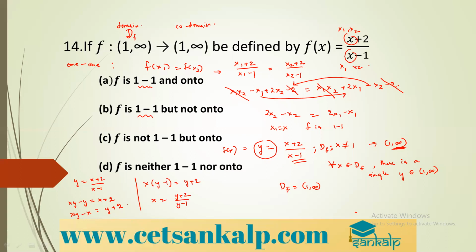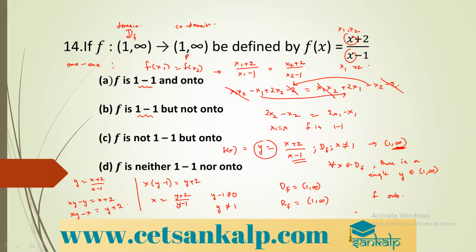Now I will discuss about y. The denominator y minus 1 should not be 0. Then only x will be defined. y should not be equal to 1. So easily, y not equal to 1 means the range of the function, you can see, is 1 to infinity, not equal to 1. That means I can say the function is an onto function. Why did I say it is an onto function? I got the domain of the function the same.